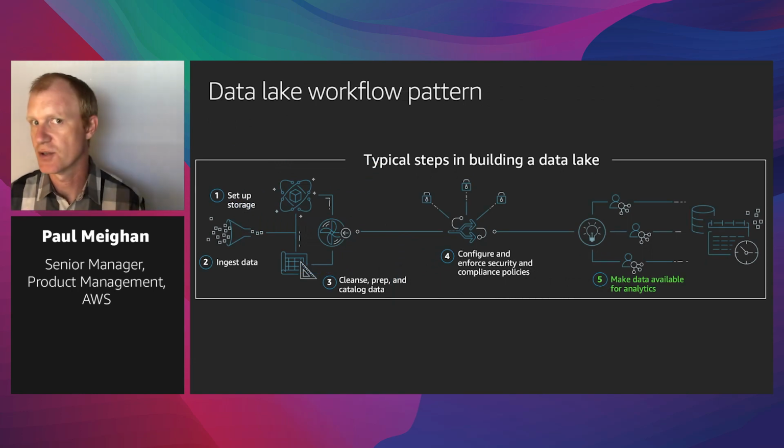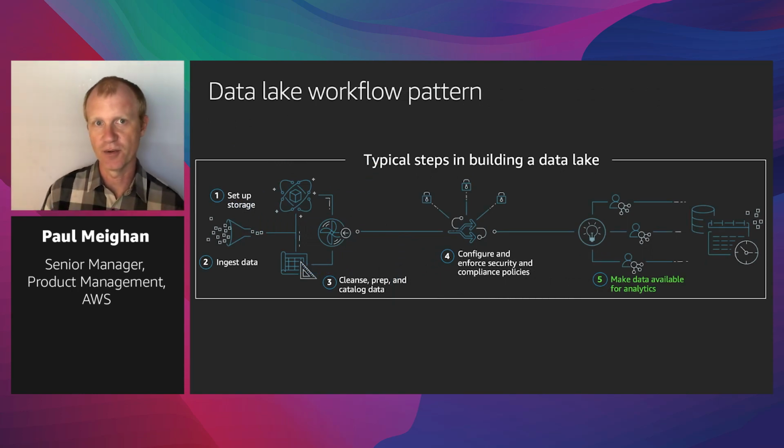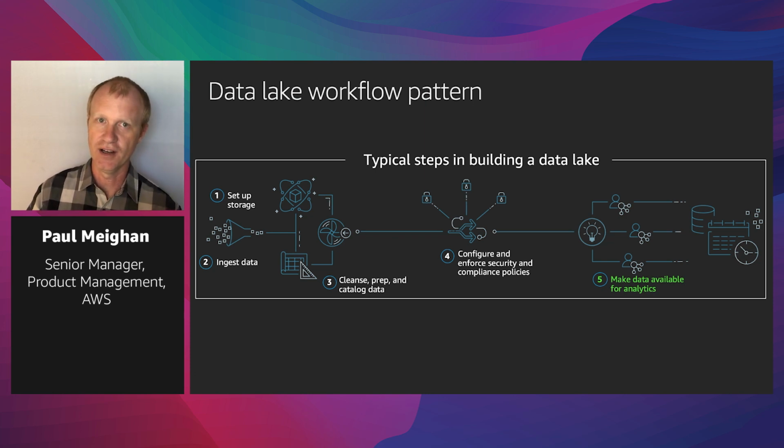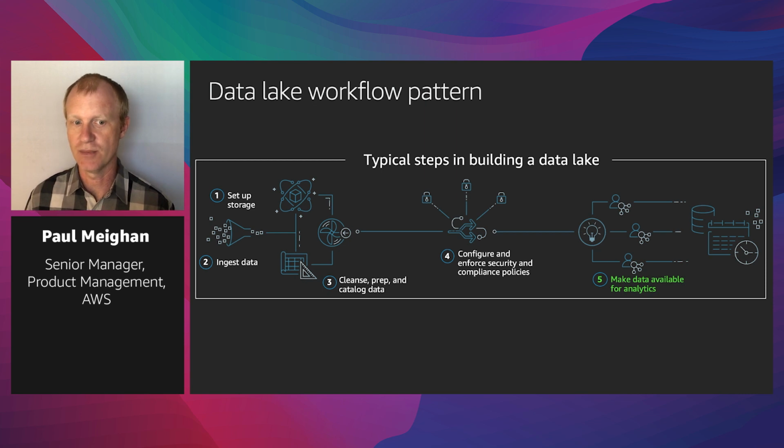Okay, so now I'm into the last piece of the process. We've made our storage configuration decisions. We've ingested based on either real time, batch or bulk ingestion methods. We've transacted that data through a series of steps, right?